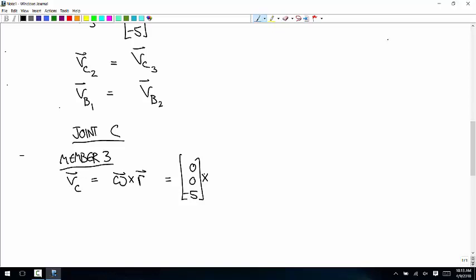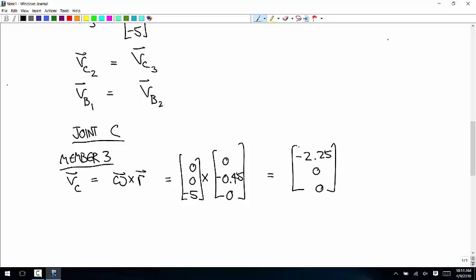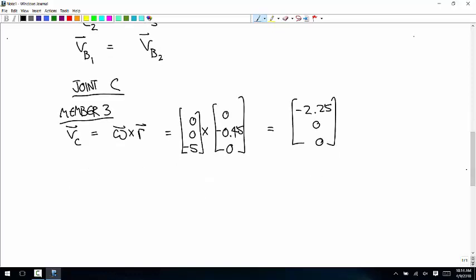The radius of the disk is 0.5, so this is just 0, negative 0.5, 0. And so that's negative 2.5, 0, 0. But now we have to do it for member 2.